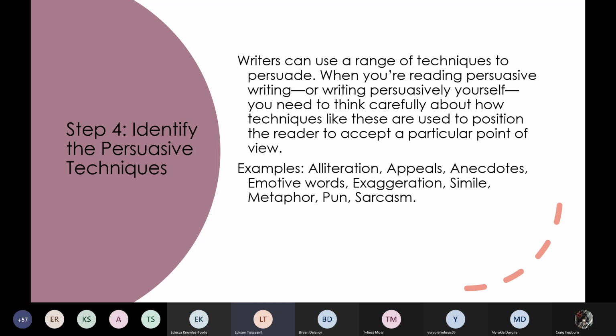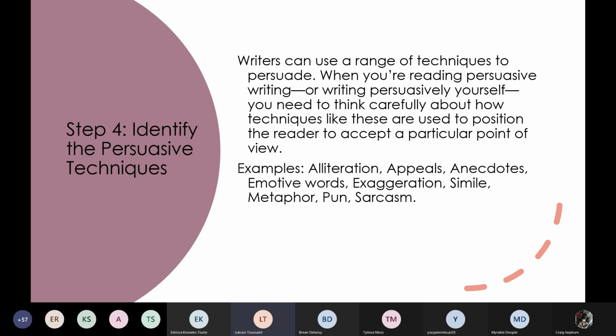You are now going to read that text, or listen to a speech, or wherever it may be, and you're analyzing it. You're going to be looking at how the writer is bringing their point across. What are the persuasive techniques that they are using to get you to buy into a particular viewpoint or opinion?